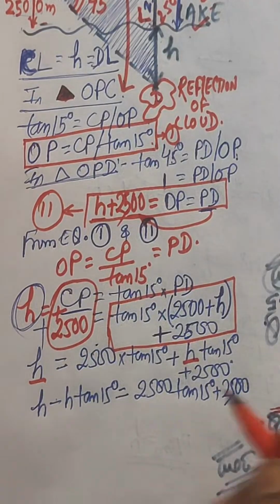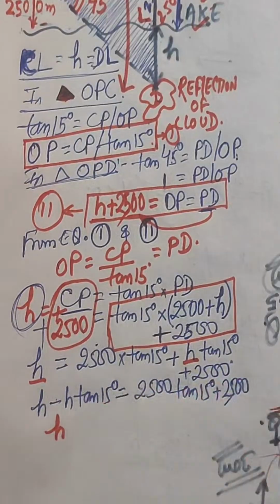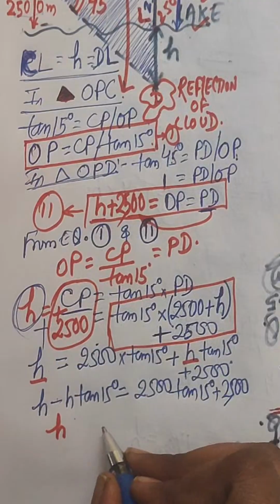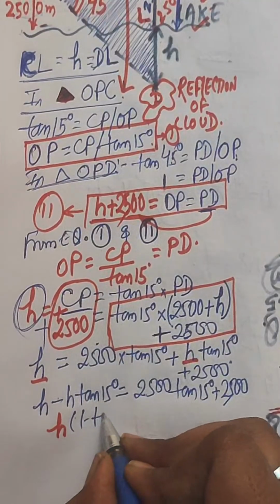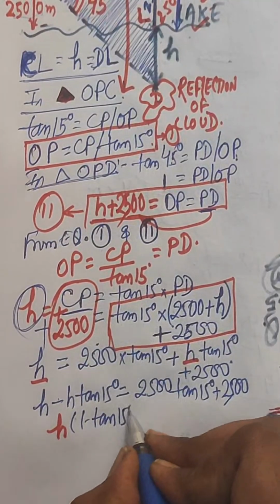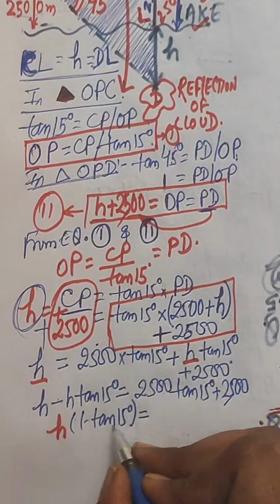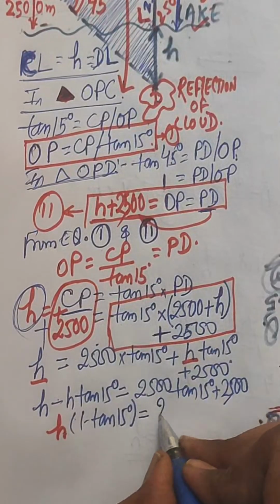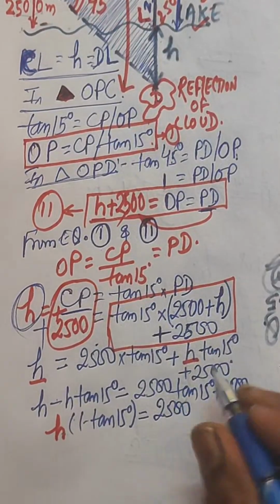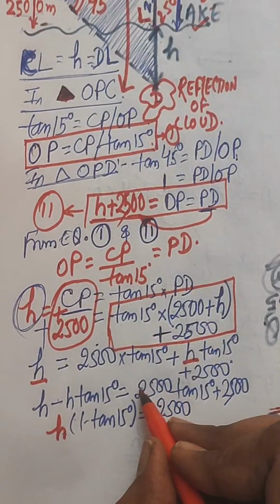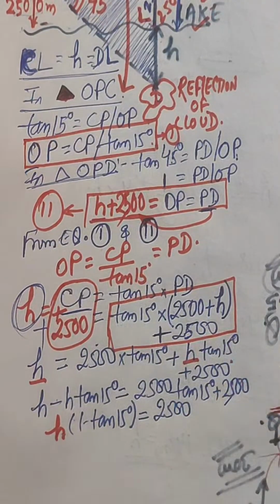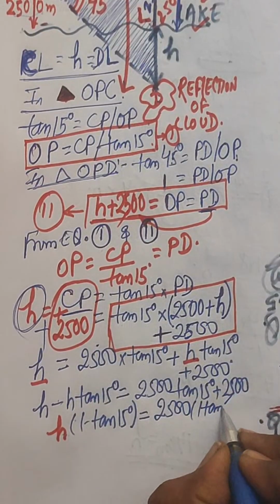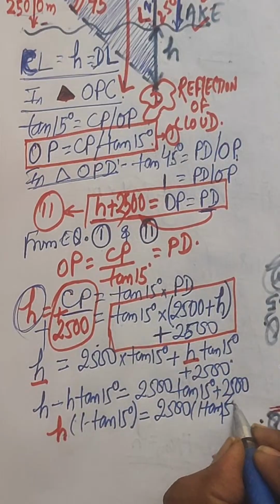So when we take H as common into the LHS, then we have 1 minus tan 15 degree multiplied with H, and this is equal to, when 2500 is taken common from RHS, we have 1 plus tan 15 degree.